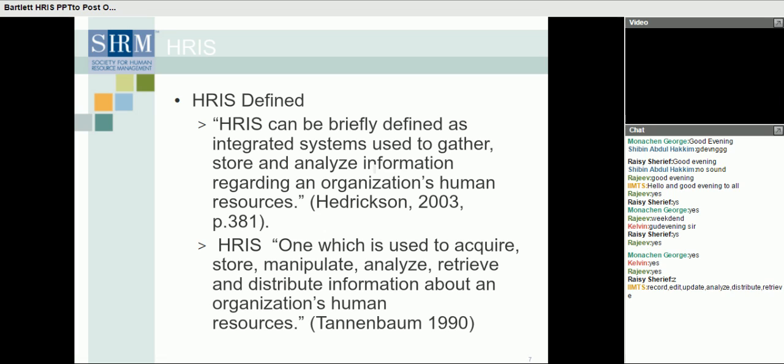So this is what you can do with the information.